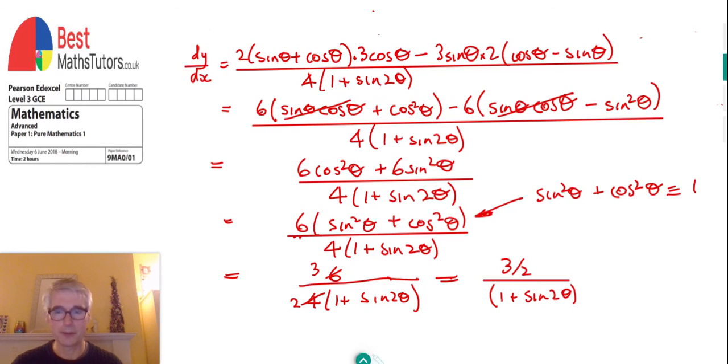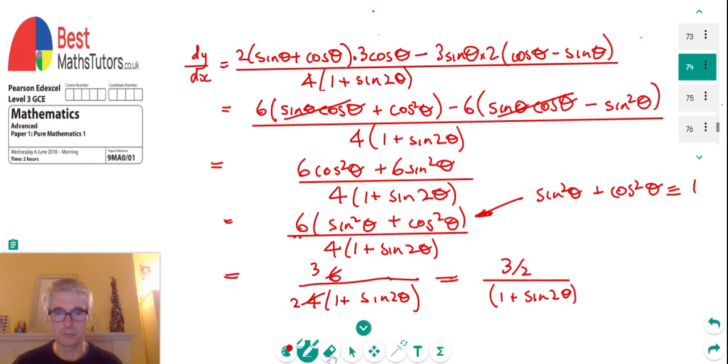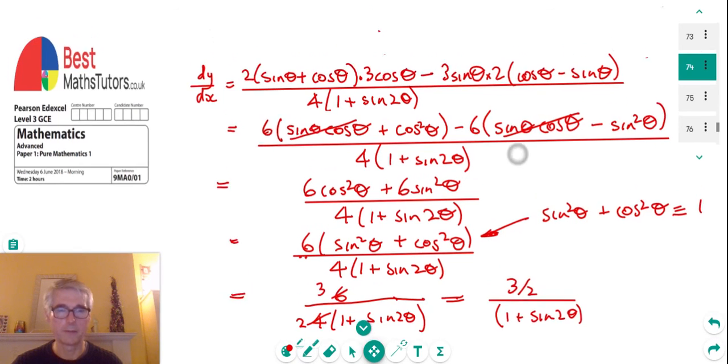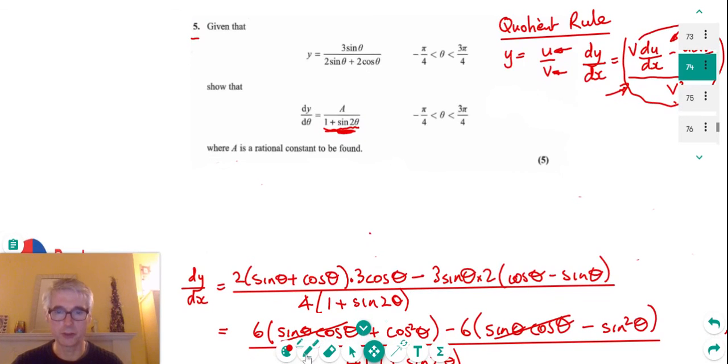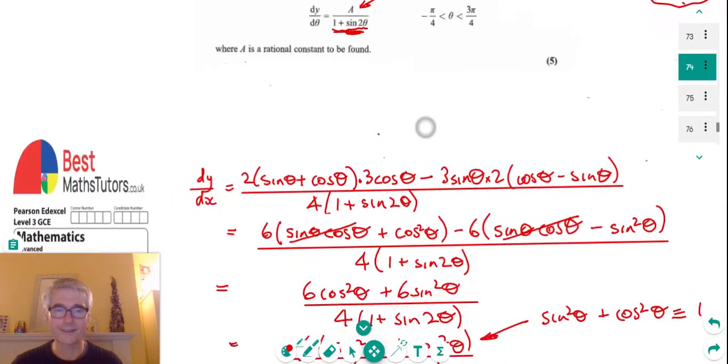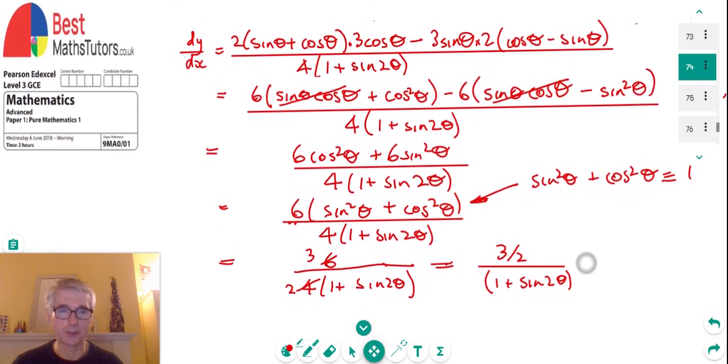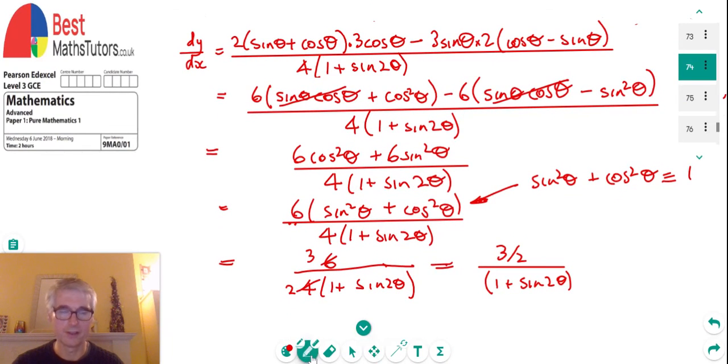And because we were looking for it, if I just go back up on the board there, because we were actually looking for the value of A here over 1 plus sine 2 theta, we can see that we've done it, because you can see here that A is actually 3 over 2. So that's it. A is 3 over 2, or we could say 1.5.